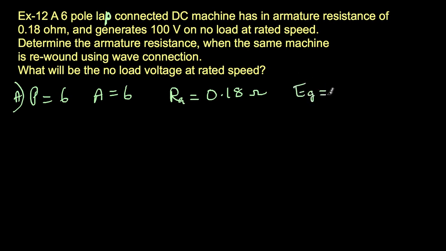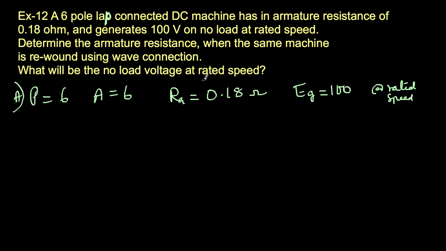So EG is 100 on no load at rated speed. Determine the armature resistance when the same machine is rewound using wave connection.